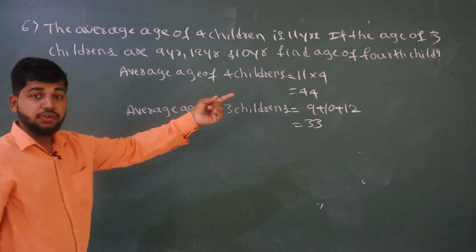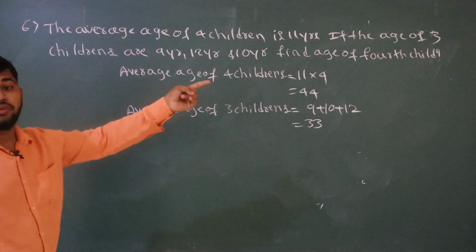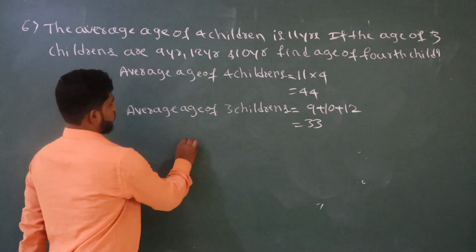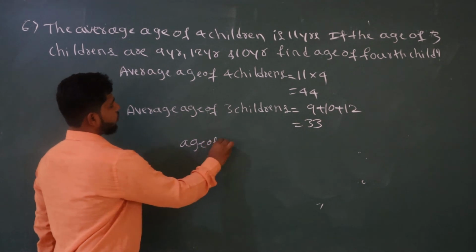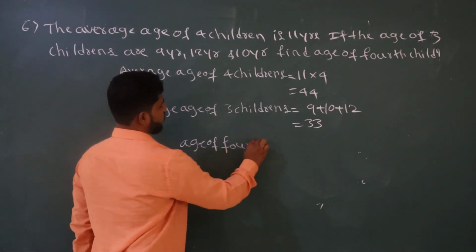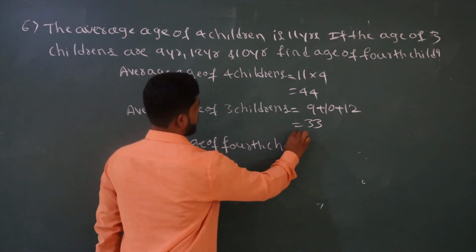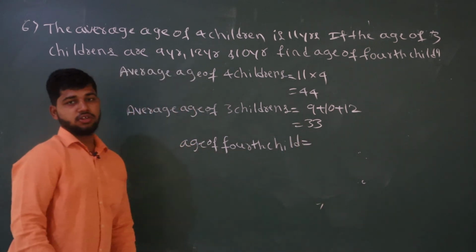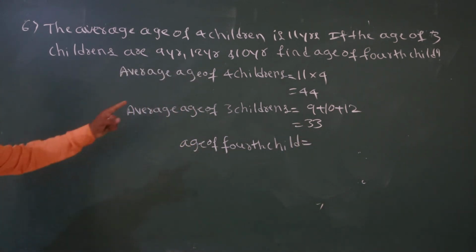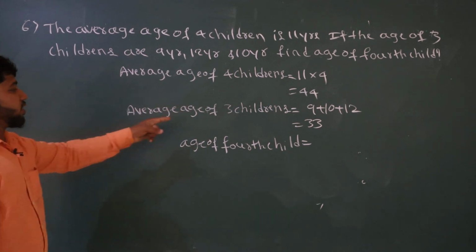They asked to find the age of the 4th child. Age of the 4th child is equal to the age of the 4 children minus the age of the 3 children.